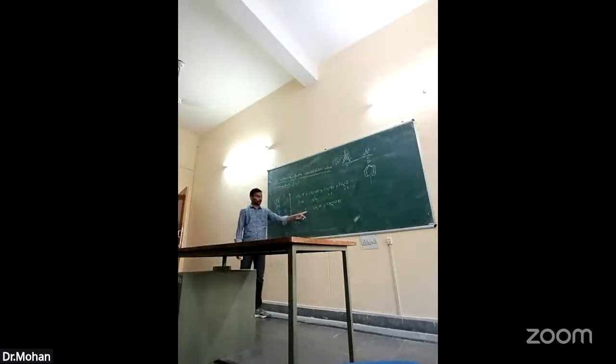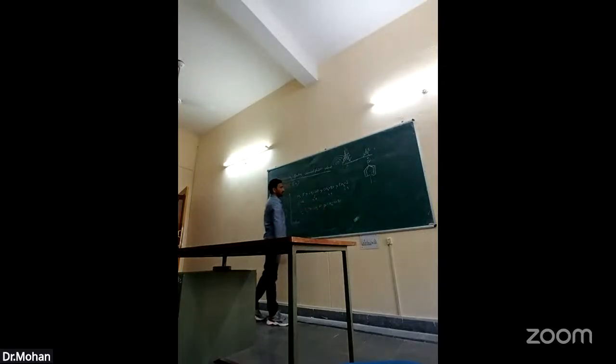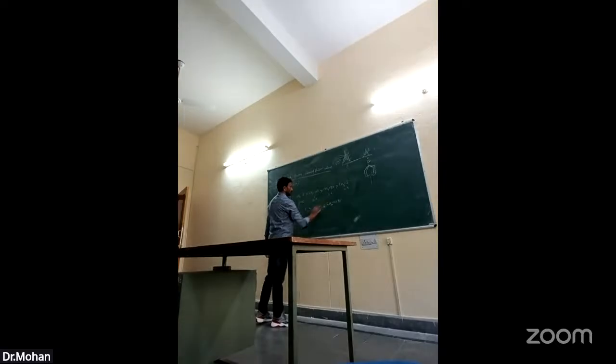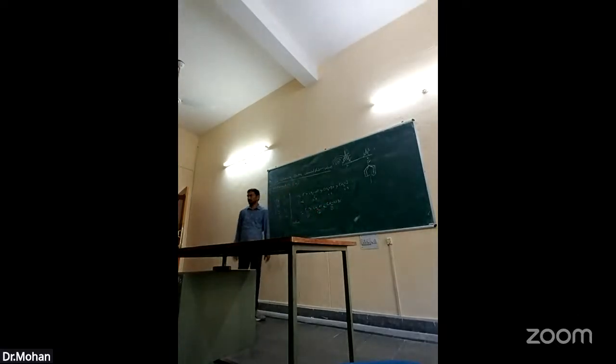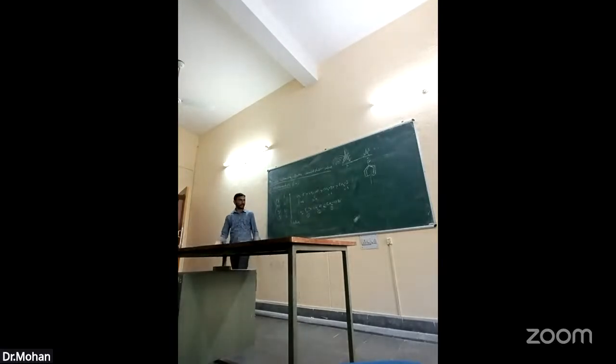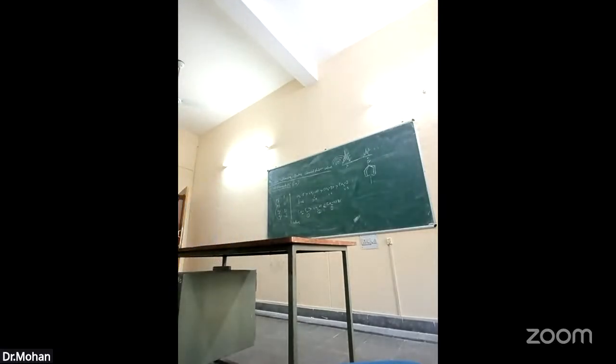Here two chlorines are there, but here only one. So an increase in the number of electronegative atoms is also the reason for higher delta values.